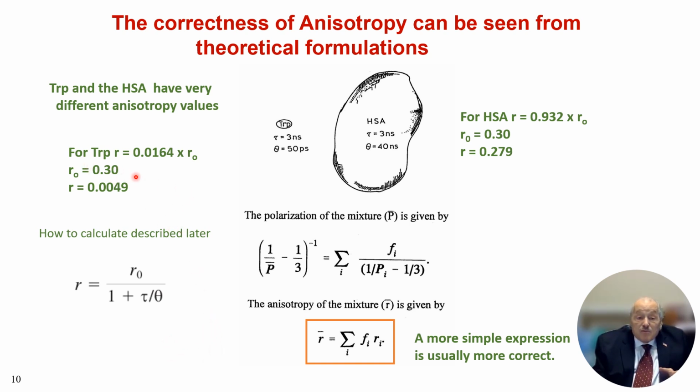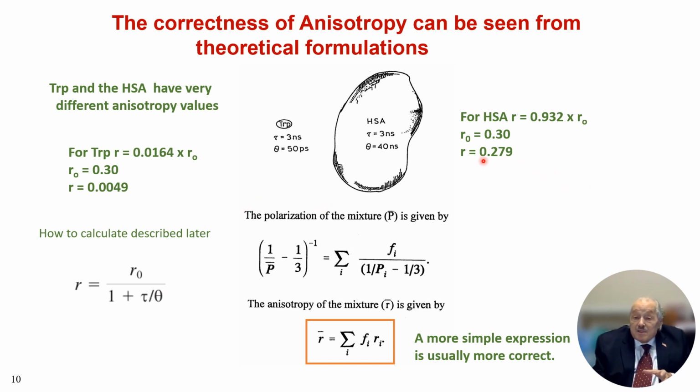So if we have tryptophan and we use the ratio of the lifetime to the correlation time, you'll find that the anisotropy is very low. 0.0049. Before this molecule has emitted, it has rotated many times, and the anisotropy is getting close to 0.